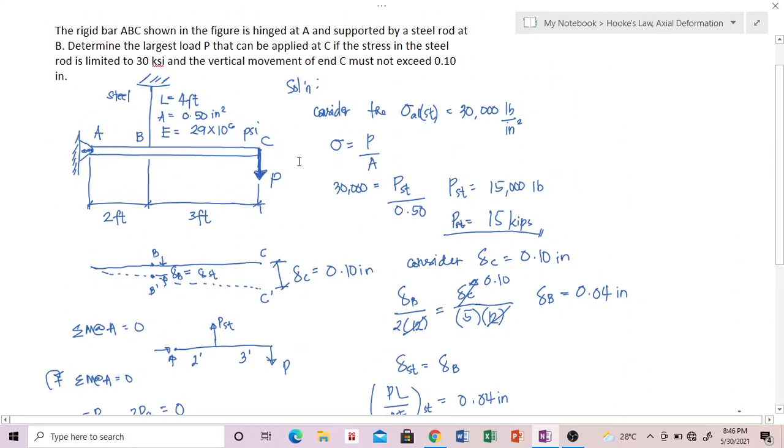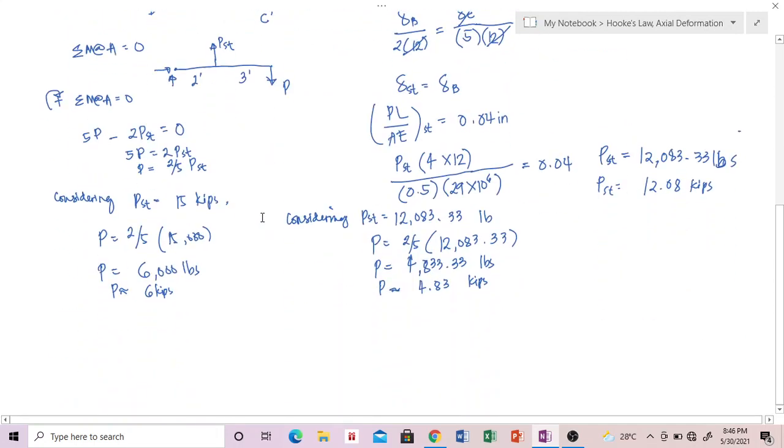For the required largest load P, the final answer, class, is P equivalent to 4.83 kips. So, what we are looking for is the largest, but why not the 6? Because we are required to determine the maximum safe load.